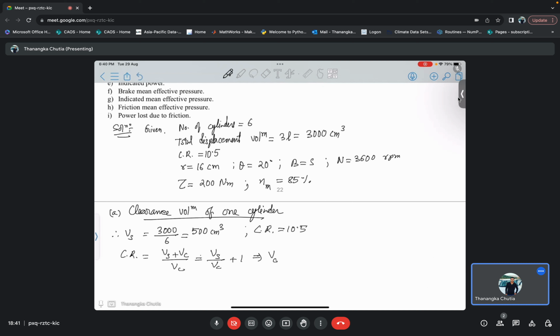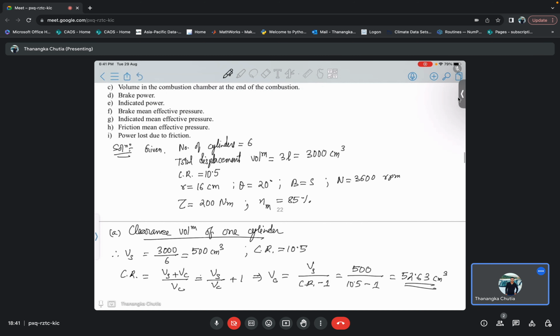So from here Vc will be equal to Vs divided by (Cr minus 1). So what is your Vs? 500, Cr 10.5 minus 1. Okay, that is equal to your 52.63 centimeter cube. Okay, so this is your clearance volume of one cylinder.